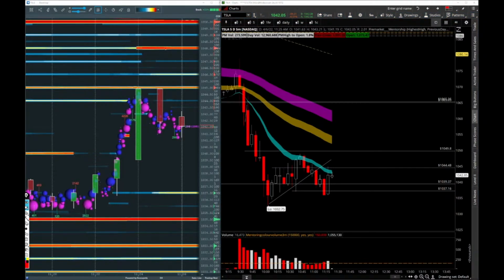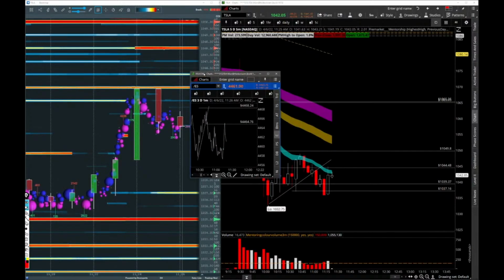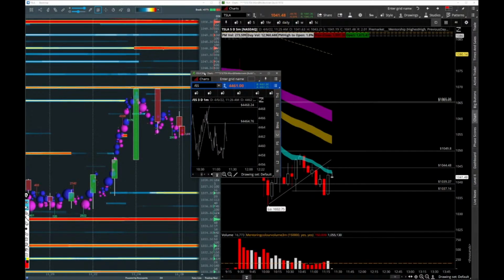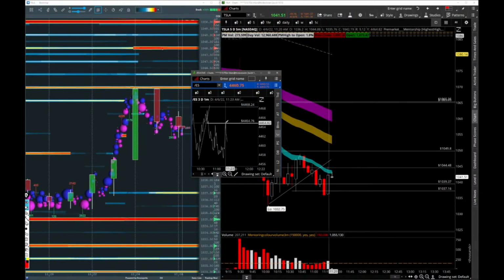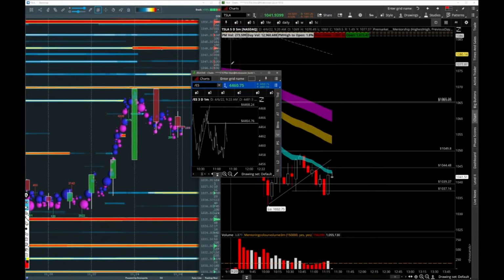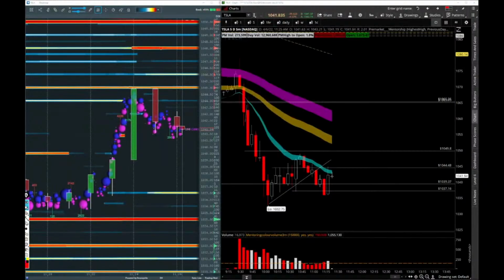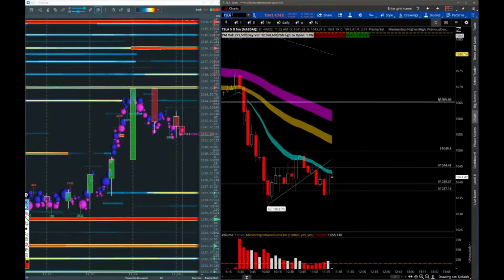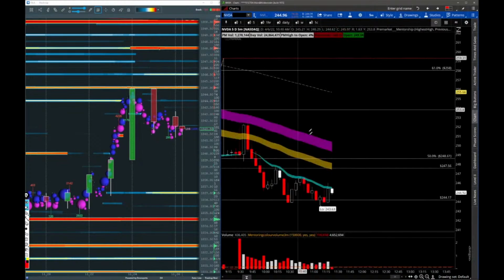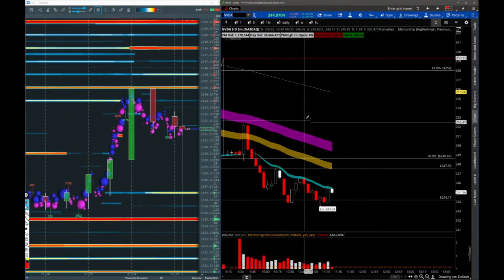Traders, one good reason to stay in the trade, I would say, is the rejection of that previous support, now resistance. And you can see also over here, NVIDIA starting again the unwind. Beautiful, all right? So I didn't trade NVIDIA.